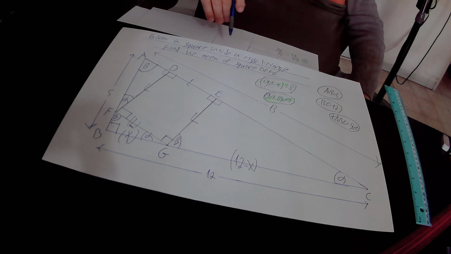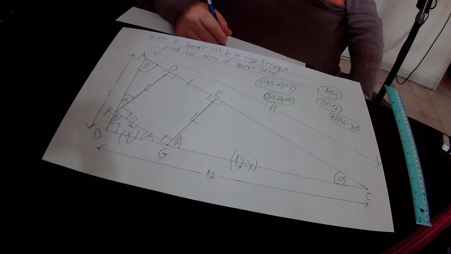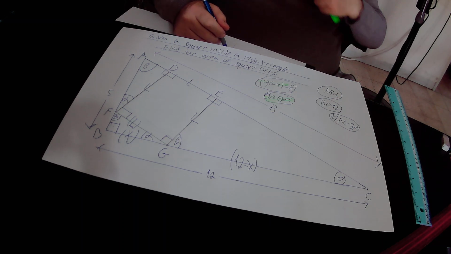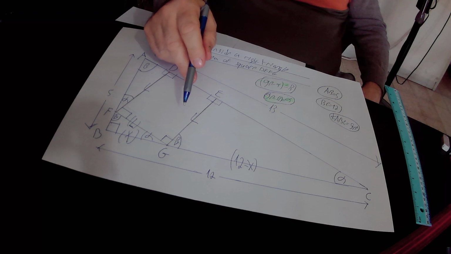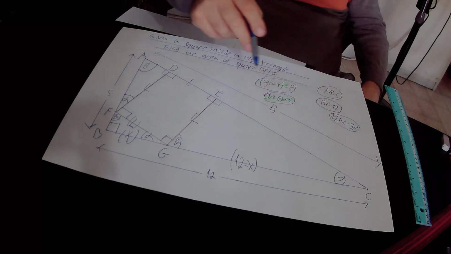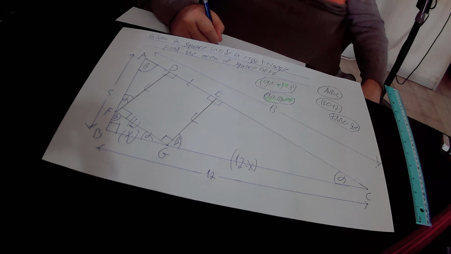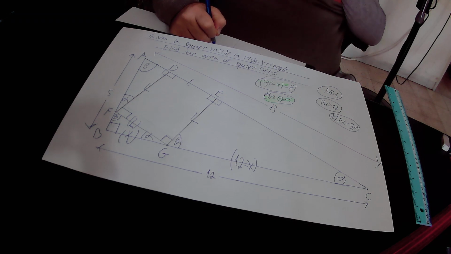From the fact that they are similar, we will derive the following relationship between their sides: side EG over side GC in the right triangle EGC is equal to side AB over side AC in the right triangle ABC.